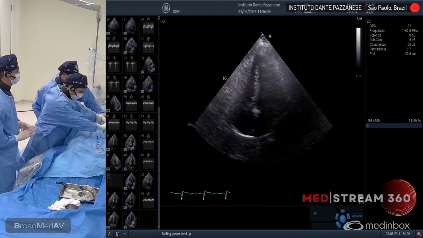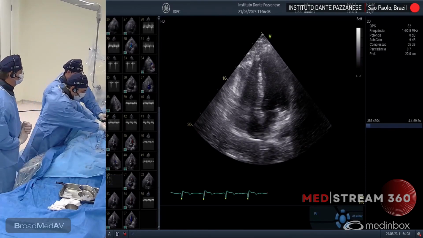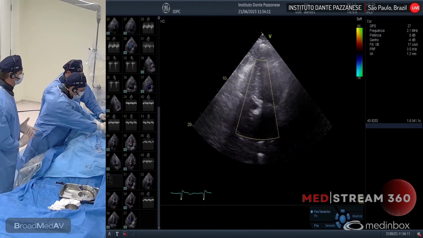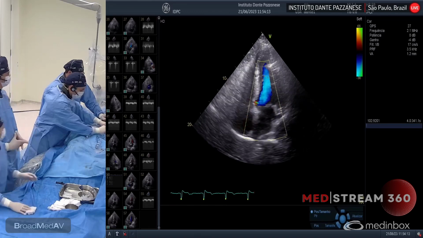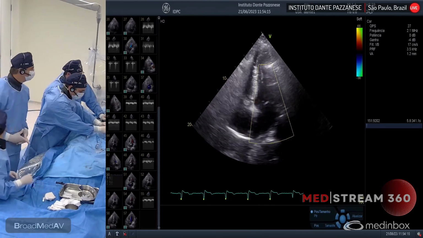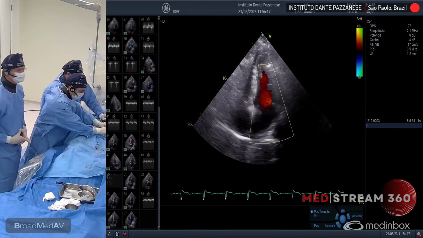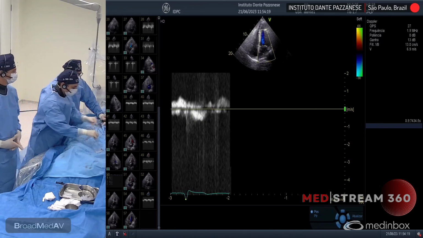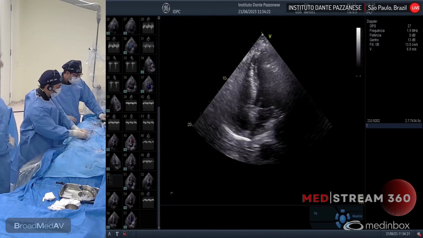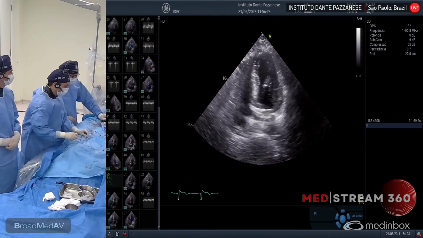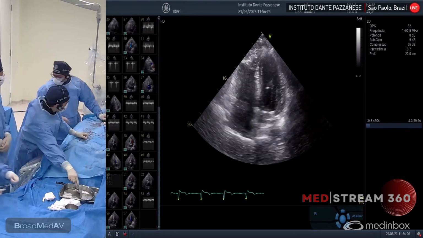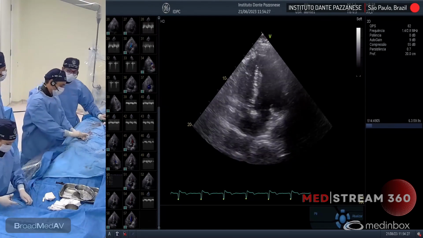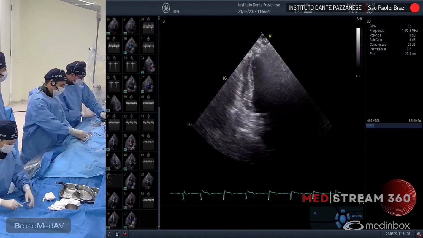We must make a complete exam, not only see the prosthetic valve. We also have to see the mitral valve to check that nothing happened when they released the valve, and we can see that the ventricular function is perfect, the way it was before the procedure.